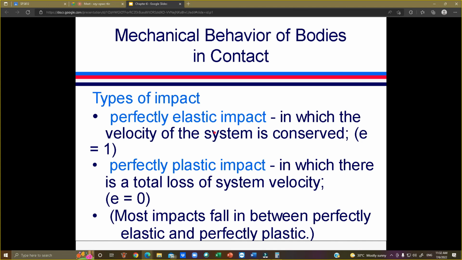Itu bukan bola lagi. Itu plastic. That is the difference between plastic and elastic. And in order to test that, we are going to conduct coefficient of restitution calculation, and we are going to determine how much the coefficient is. So saya bagi, this will be the end of our notes.